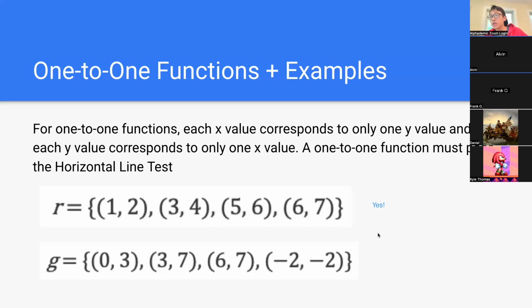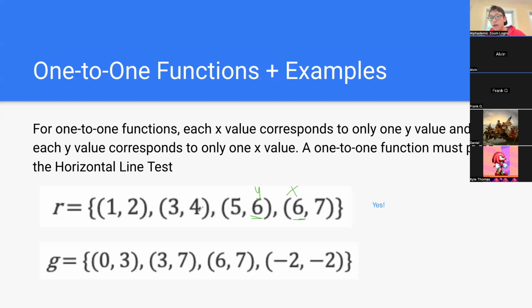Why? Because each x value can only correspond to one y value, and each y value can correspond to only one x value, meaning that you cannot have any duplicates of x's or y's. In this, we see that indeed there are no duplicates. There are two 6s, but they are in different positions. One's in the y, and one's in the x. So yes, it is a one-to-one function.